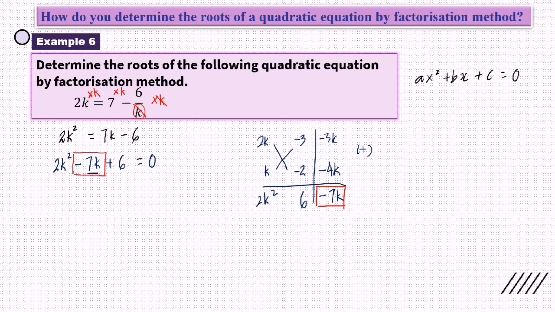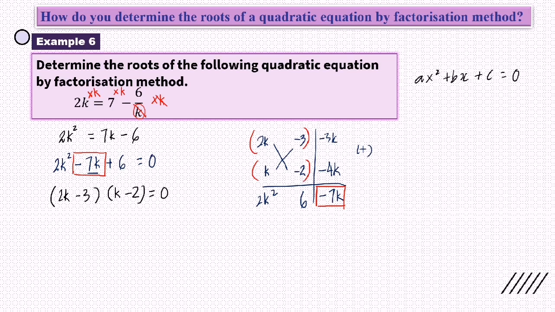Then we can write the factorization here. Okay, so I write the bracket here, 2k minus 3, another bracket, k minus 2 equals 0.